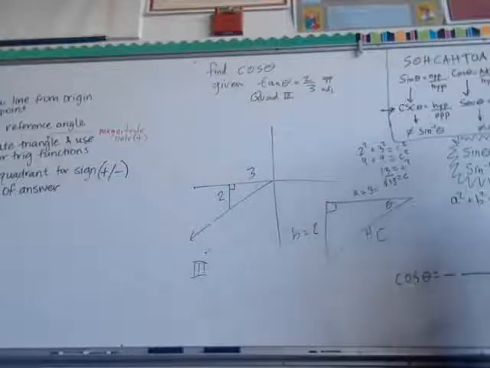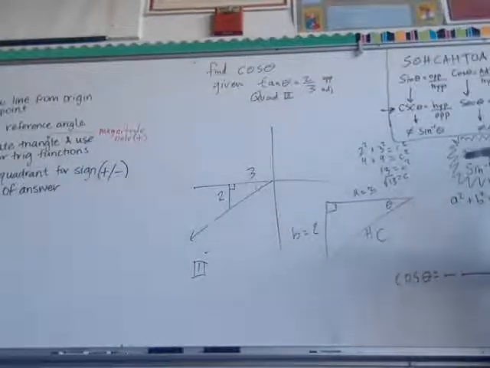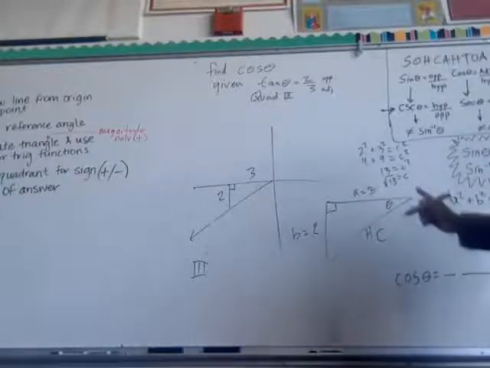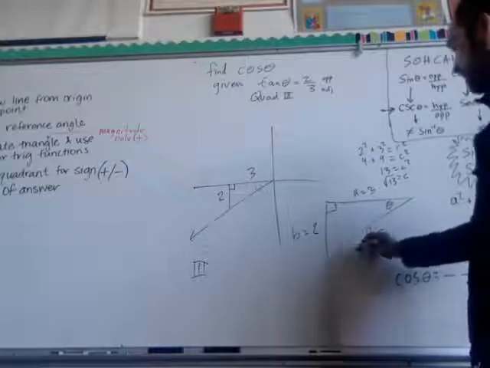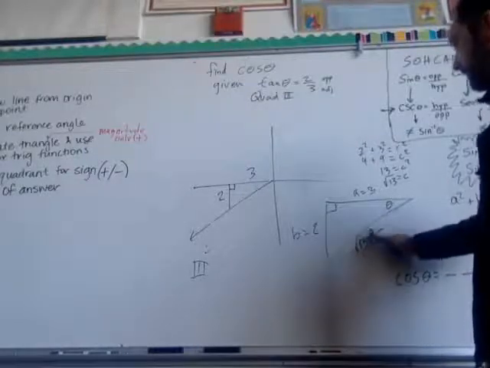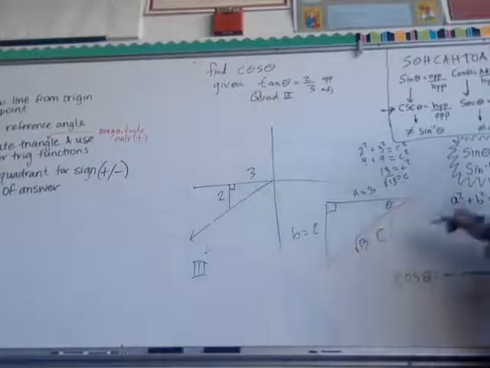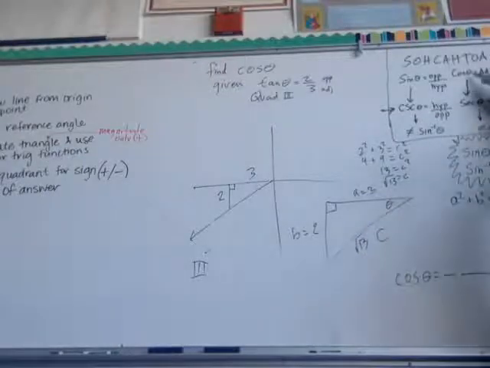We got our triangle done. We forgot about the unit circle already, a long time ago. So if I know this is root 13, and I'm looking for the cosine, the cosine is adjacent over the hypotenuse.